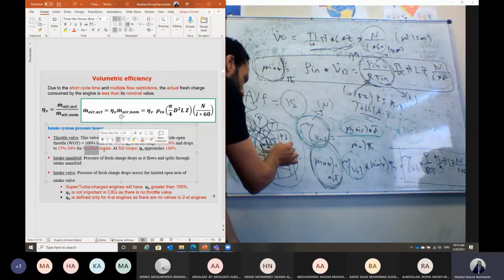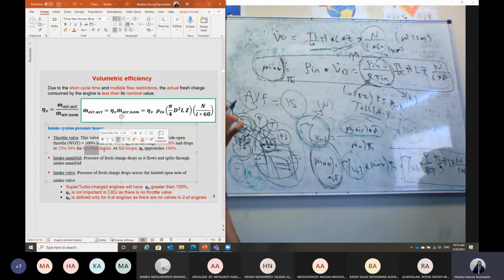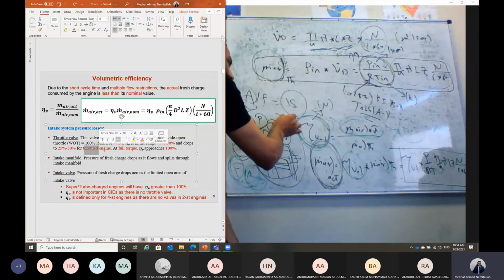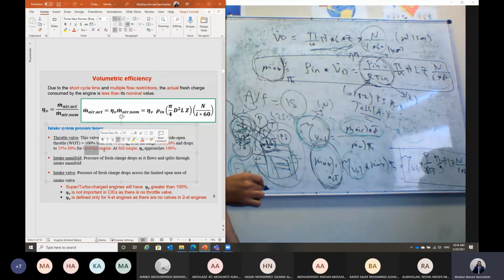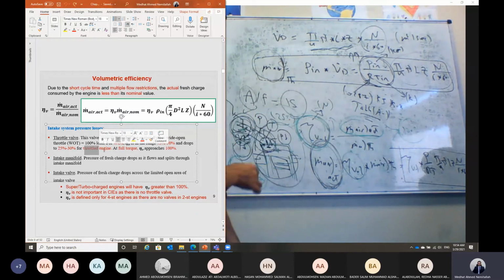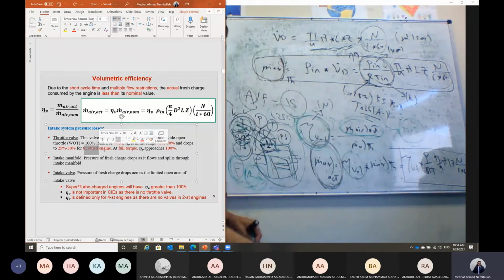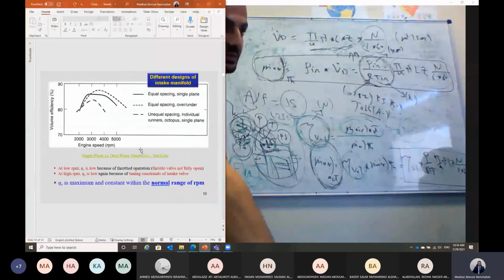That means the cylinder is filled with only a quarter of the mass flow rate of air that should be coming in at part load, and the volumetric efficiency is almost 25%. This volumetric efficiency can be increased up to 90% at full load, wide open throttle. And the efficiency can be more than 100% when we have a super or turbocharger.